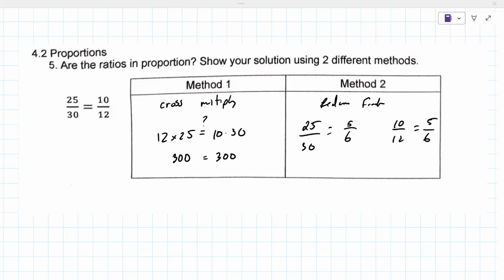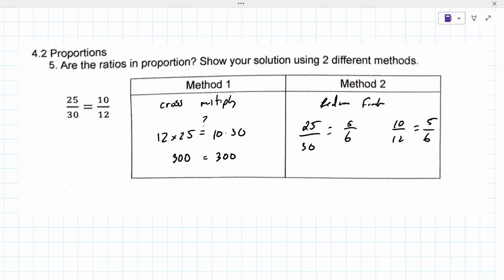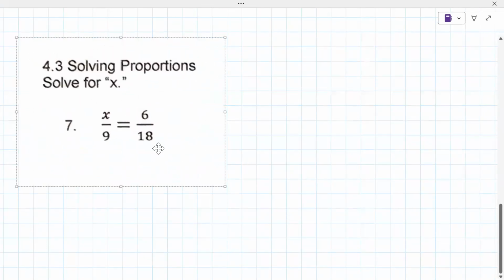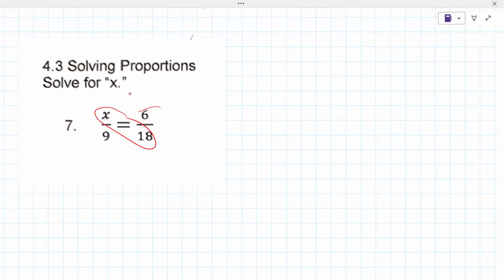All right. Now, number 6 is a problem I was actually going to have us do more if we got some time, and we probably will. Any questions on number 6 before we move to 7? No. All right. For number 7, there's kind of two approaches here. What most students do is they just cross multiply, which is totally correct.